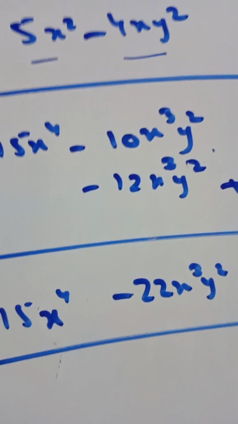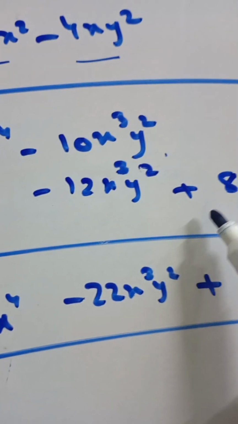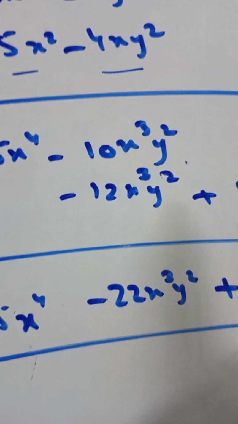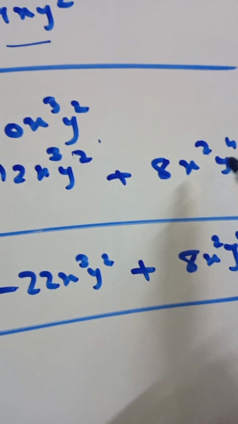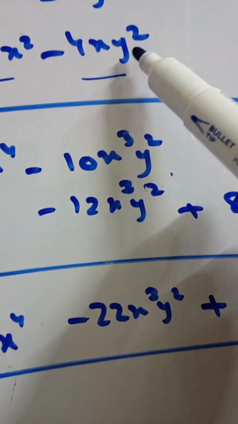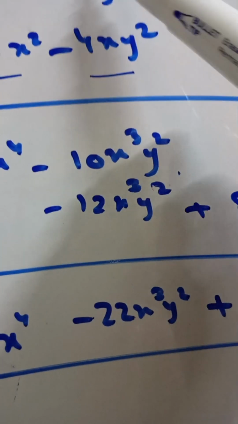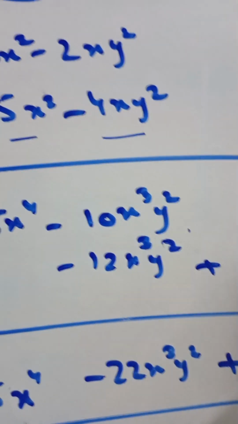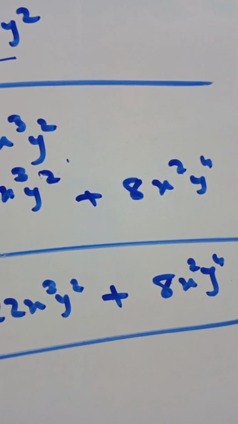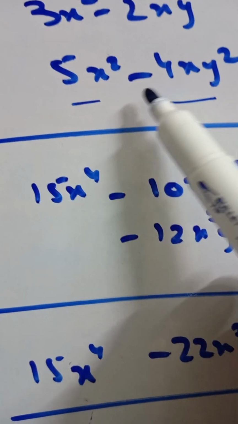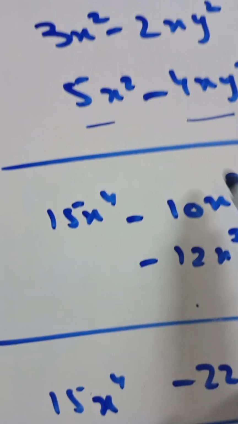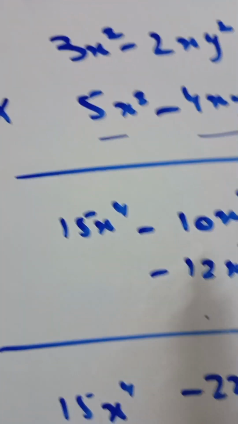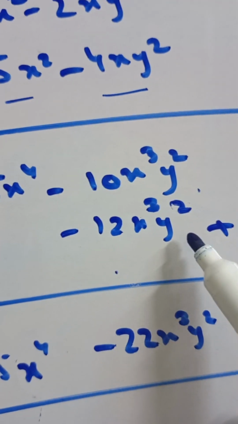You got it? Now minus minus plus, 4 2s are 8. X raised to power 1 plus 1, 2, and y bases are same, power will add, so it becomes y 4. I repeat, minus 4 multiplied by 3, 4 3s are 12, minus 12, x raised to power 1 plus 2 becomes 3, y square will remain same.